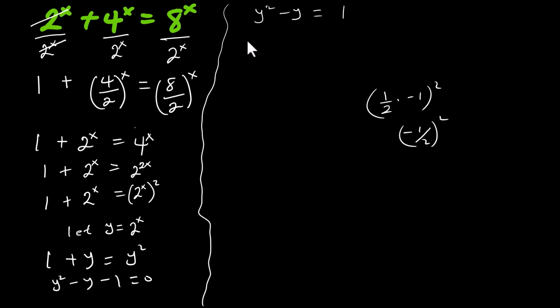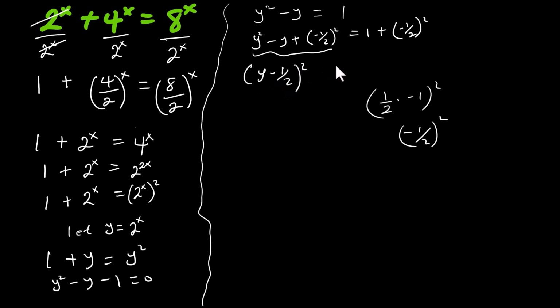So we have y squared minus y plus minus half all squared equals 1 plus minus half all squared. Let's compute the square here: y minus half all squared.